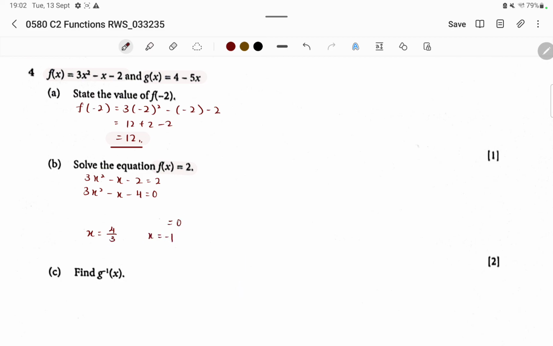And then do from bottom to top. This one, we move negative 1 to the other side, so x plus 1. Here, x divide becomes multiply, so 3, and then plus becomes minus. And then 3x minus 4, close bracket, x plus 1 equals to 0. So this is how you solve the equation, and then these 2 are your final answer.